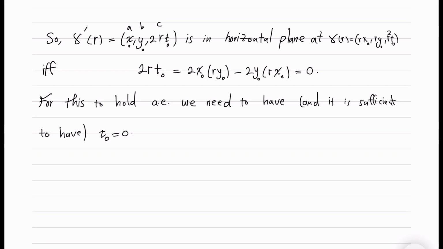So that ends the proof, basically showing that the curve gamma is horizontal if and only if t naught is 0.